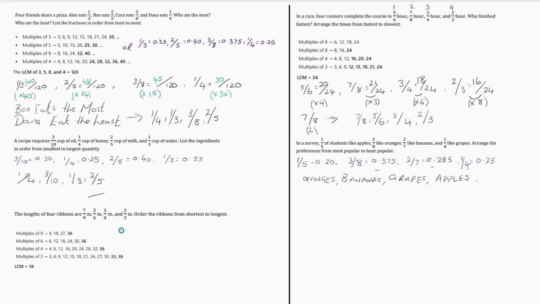So we have 7/9 equals our new denominator, which is 36. Same again.